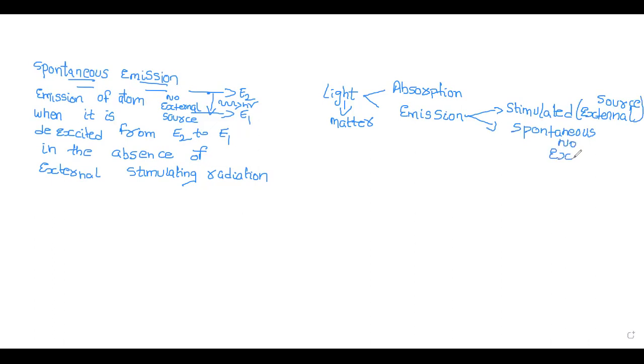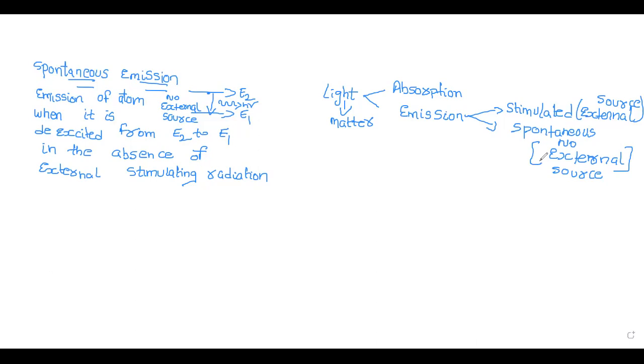The atom which is in the excited state will come back. This is happening in our normal conventional light source. In a conventional light source, you don't find any external source applied to it. You don't require anything to instigate the atom.